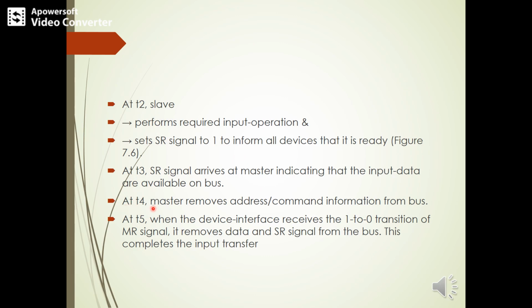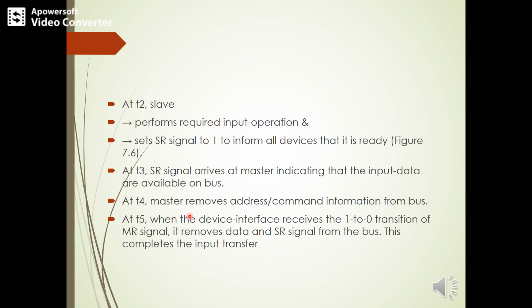At T4, the master removes the address and commands information from the bus. At T3, the slave ready signal arrives at the master, indicating that the input data are available on the bus.